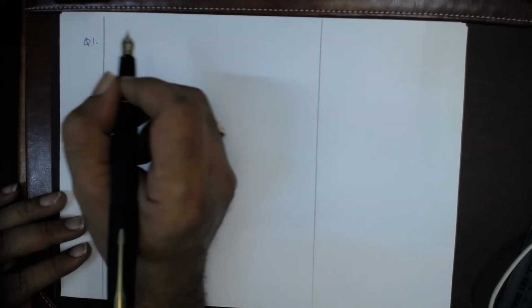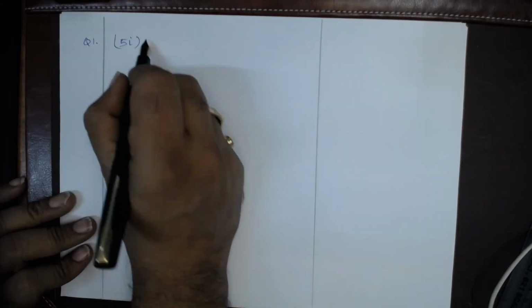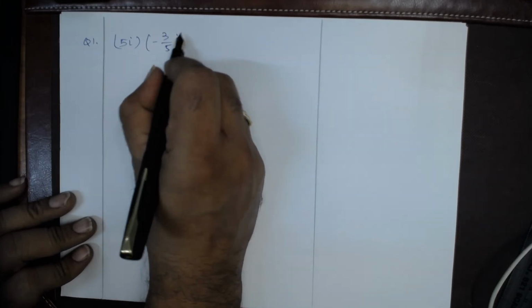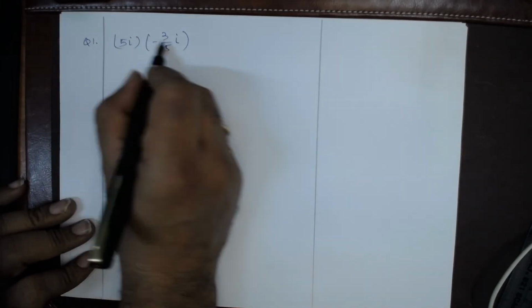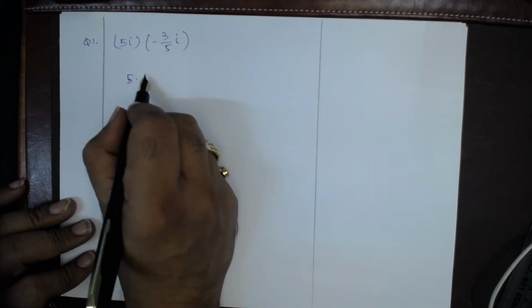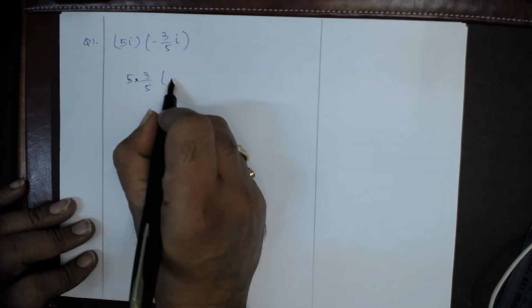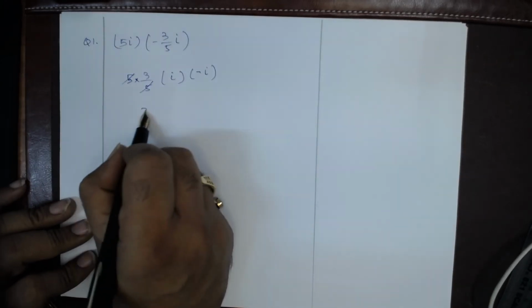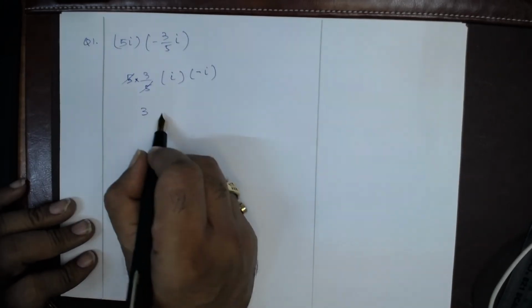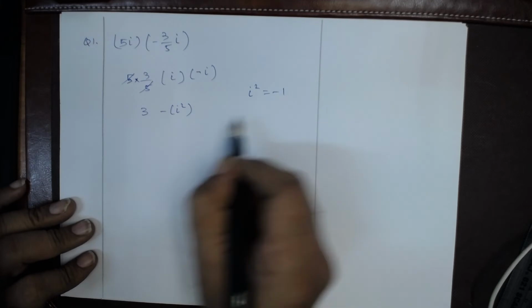Take down question number 1. 5i into minus 3 by 5i. So you can take the real part, 5 into 3 by 5, and you have i into minus i. 5 cancels, so 3, and you have i squared, so minus of i squared. i squared is equal to minus 1.